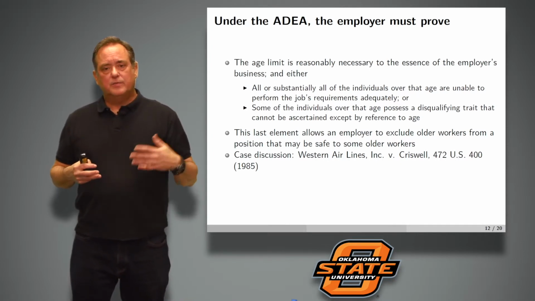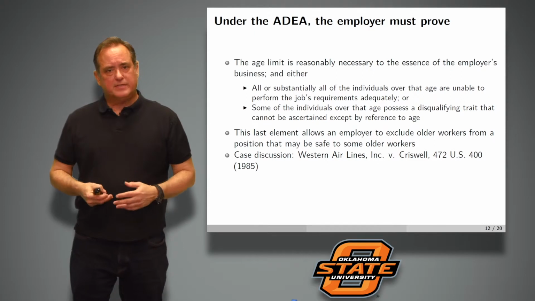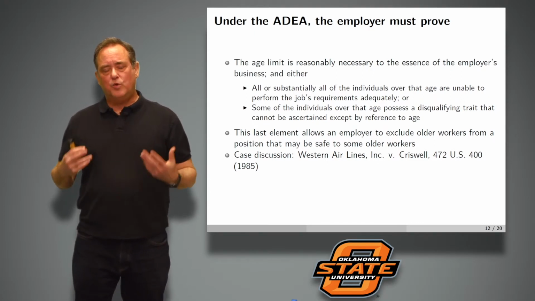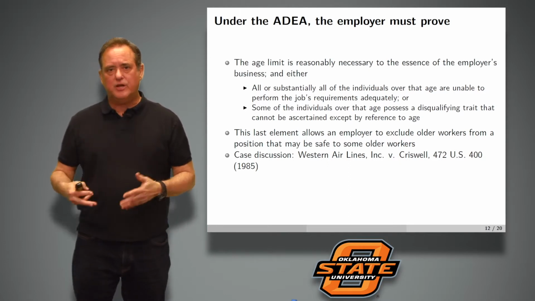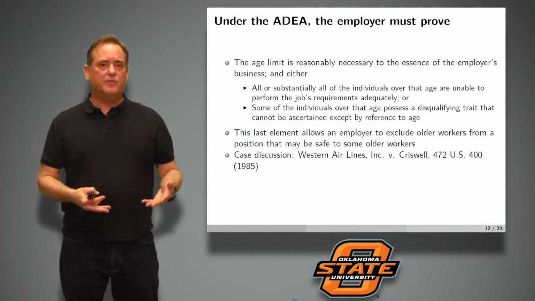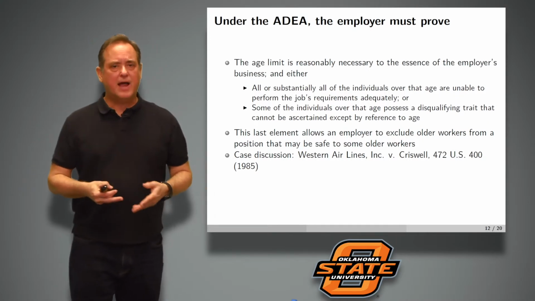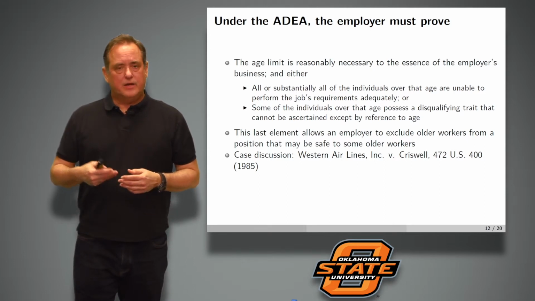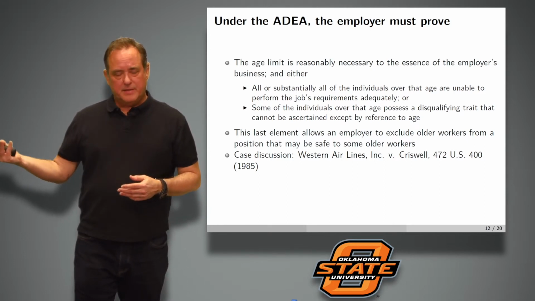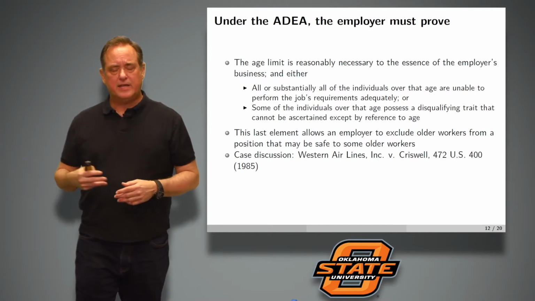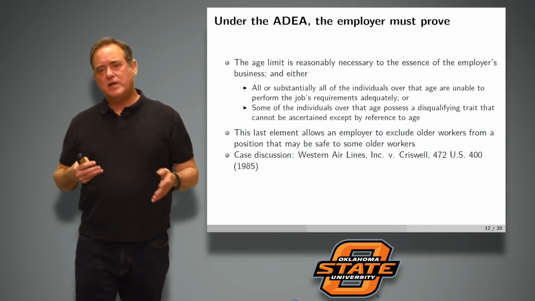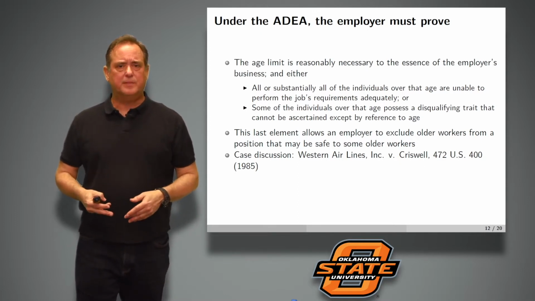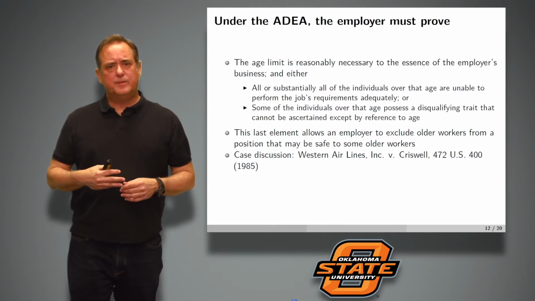In this case, this was back when there was a 60-year-old limit, and Western Airlines would hire pilots who could no longer be pilots. They would hire them as a flight engineer, which is the third pilot on long transatlantic trips. They don't have to have the ability to be a commercial pilot. They just have to be there in cases of emergency. And Western Airlines would hire pilots who were still perfectly capable of flying planes for these flight engineer positions.